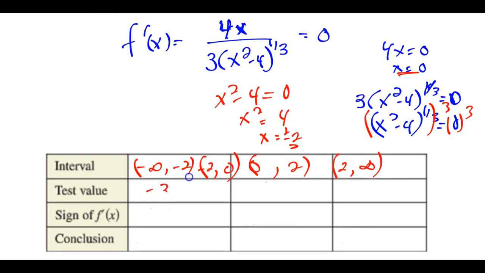The test values might be like -3, -1, 1, and 3. You check the signs. This is going to be less than, greater than, less than, greater than. And if this is less than, your conclusion is decrease, increase. It won't always alternate like this. Decrease, and then this is back to increase.